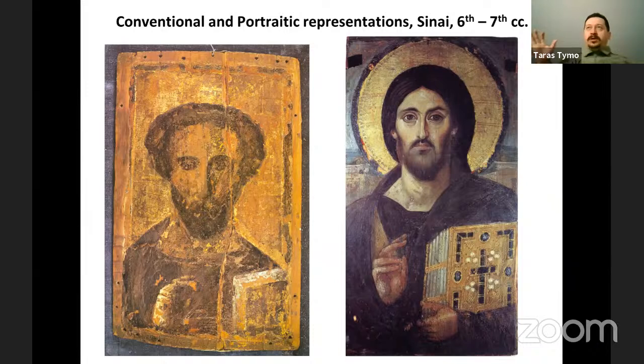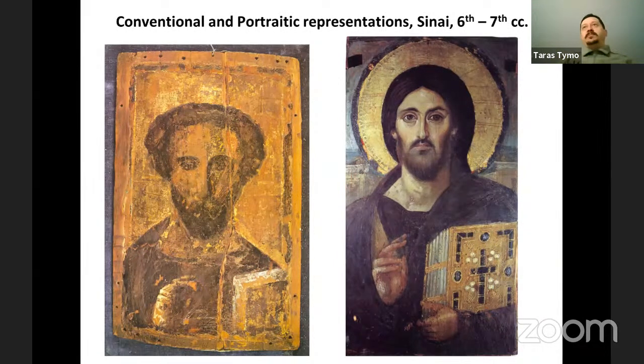We had this huge chaos of Jesus being represented as whoever willed, from a Roman patrician to Zeus, Apollo, and so on. And then all of a sudden, in the mid-6th century, all the representations of Jesus become portraitically very similar, typologically similar.